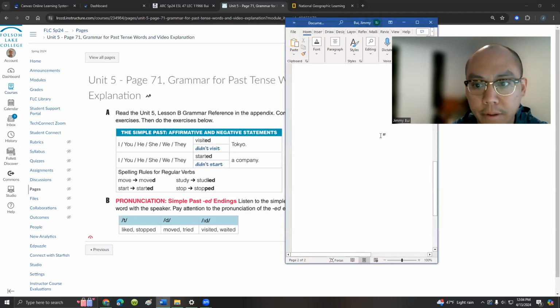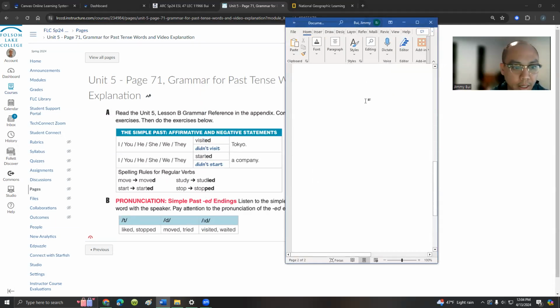So when we have, for example, let's say vote, right? This ends in E, so I just add D. In this case, the word learn, two consonants, ED. When I have a verb ending in Y, remove Y and add IED.